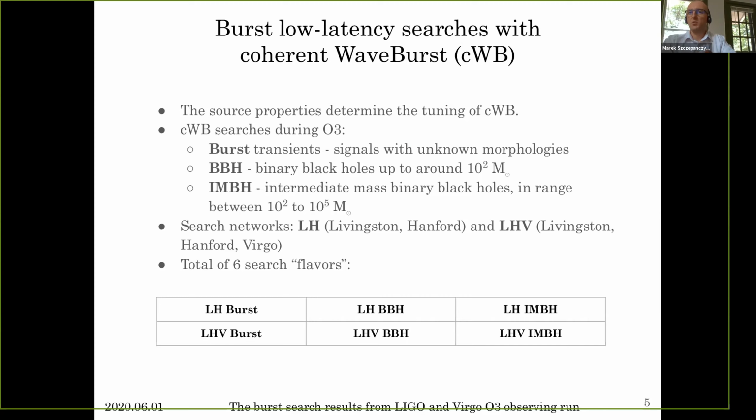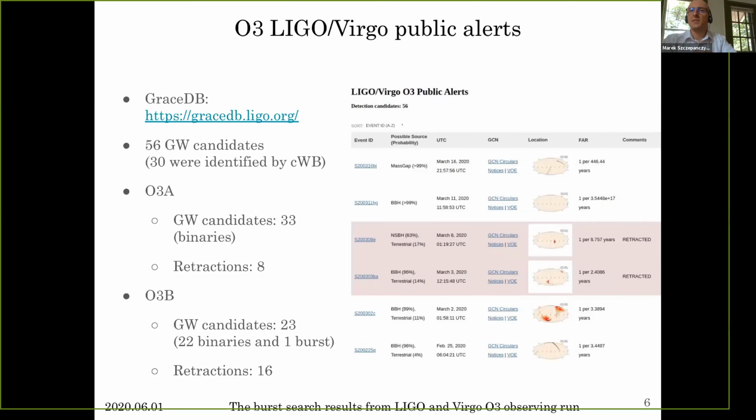We use two search networks, namely Livingston-Hanford and Livingston-Hanford-Virgo. In the table, you can see a summary of all the searches that we are conducting, including all the networks and source types.